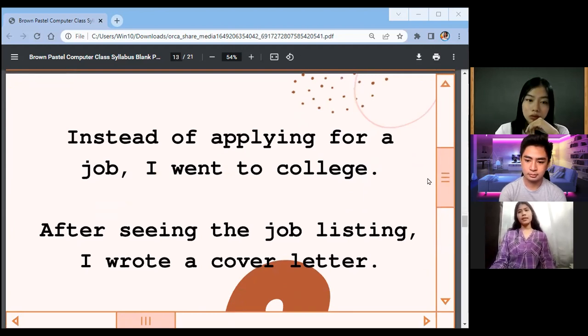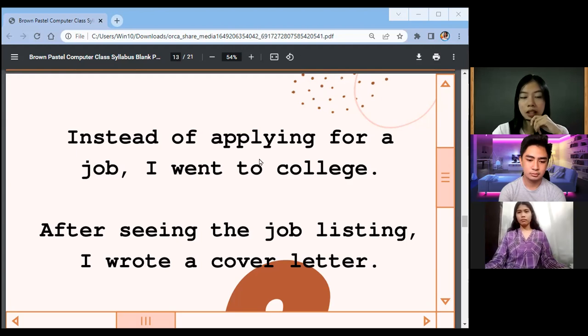Miss Kalimlim, please read and identify the prepositions and gerunds in each sentence. The first sentence, instead of applying for a job, I went to college. The preposition is instead and the gerund is applying.